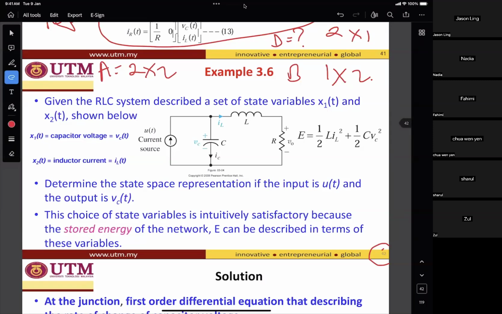Louder. Can you hear me? Yeah, okay. What is intuitively? What is intuitively? Intuitively.